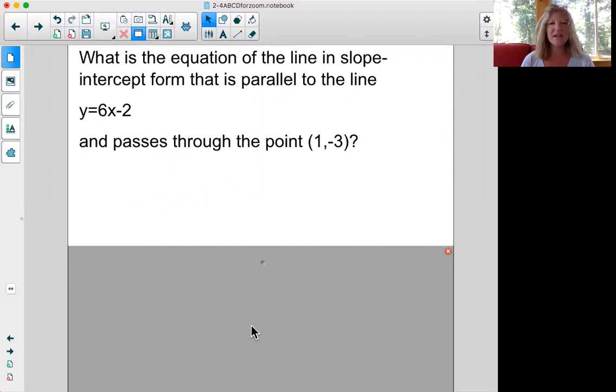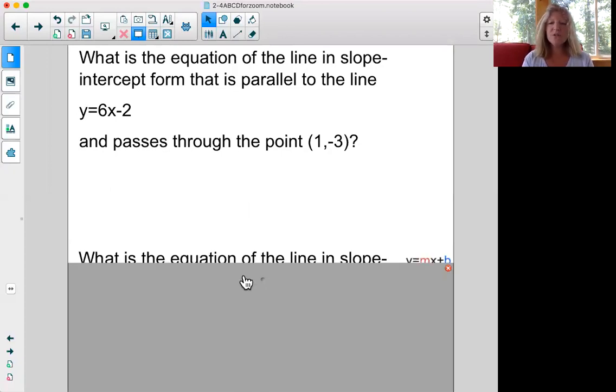So in this case, here's the question. Find the equation of the line in slope-intercept form that is parallel to this line and passes through this point. If somebody tells you that your line is parallel to that other line, it's a sneaky way of telling you the slope because the slopes are the same.